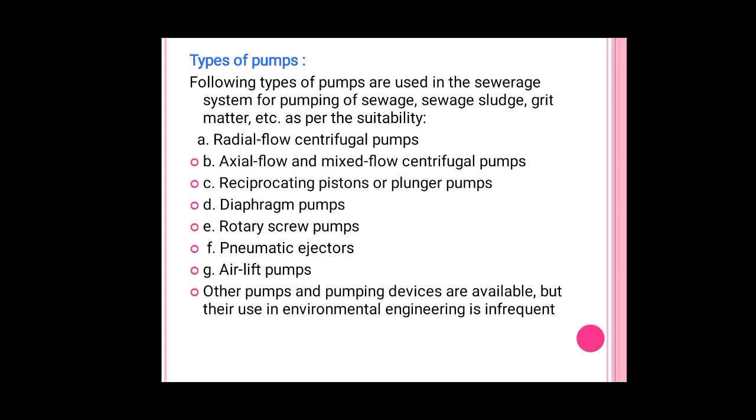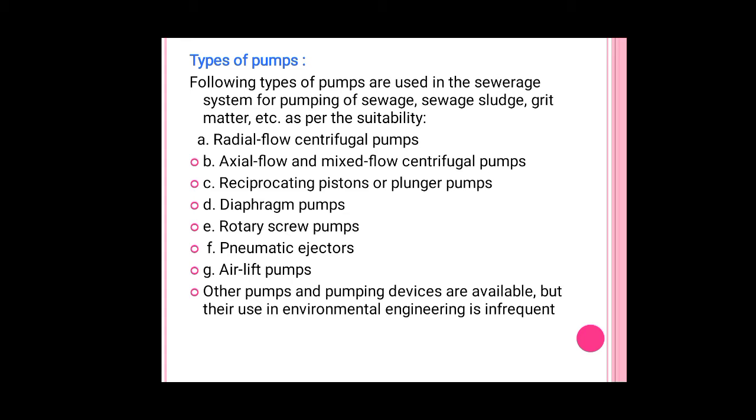Now the next is the types of pumps. There are the following types which are used in the sewage system for the pumping of sewage, sludge, gray matter or others as per suitability. The first one is the radial flow centrifugal pump. Second is the axial flow and mixed flow centrifugal pump.